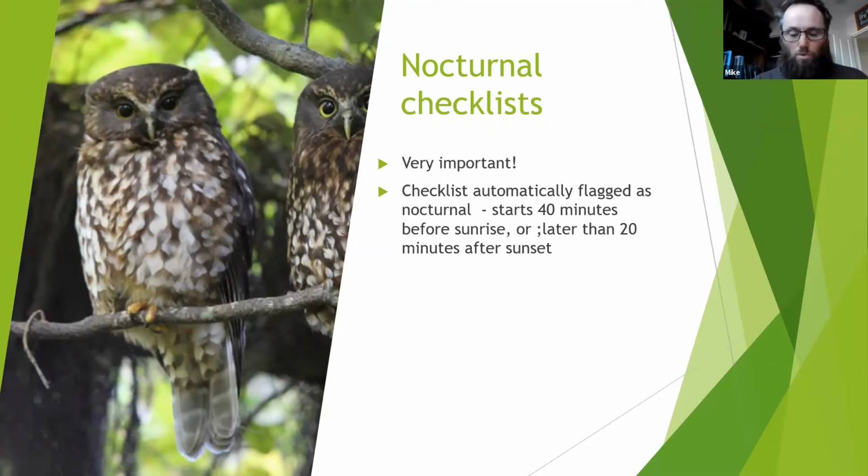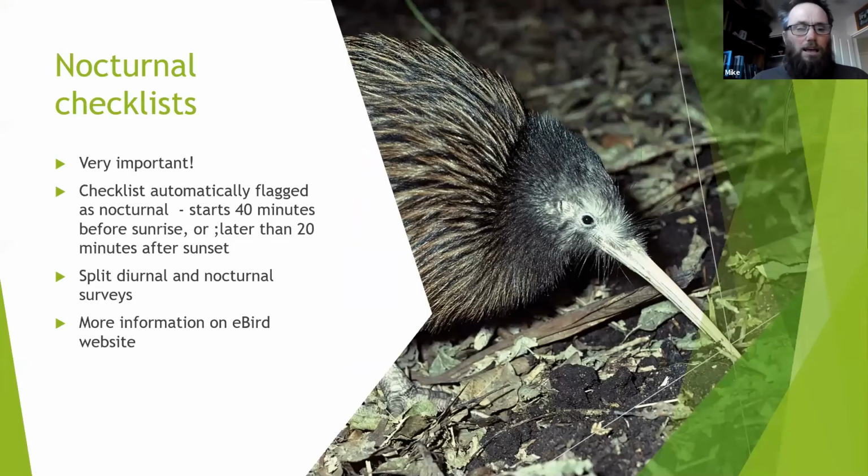What's really important is if you're starting a list near that time, when you think dusk is happening, that you stop a day list and then start a nocturnal list, because they don't like being carried over. And there's a heap more information on the eBird website about it.